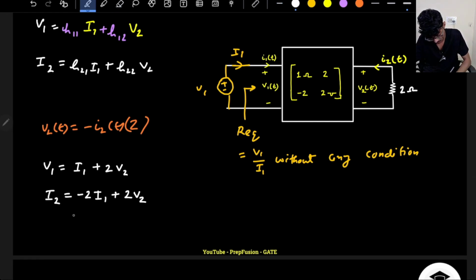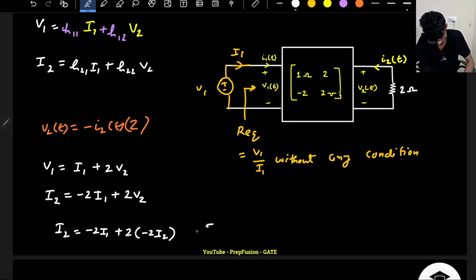Now I will replace my V2 with minus 2 I2. So this will be I2 equals minus 2 I1 plus 2 into minus 2 I2.